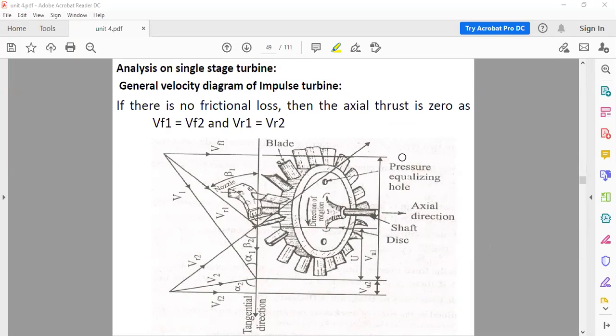Any doubt, any queries, please ask me. Prasad: No, sir, no doubts. So today we have stopped here. In the next lecture, we will complete the theory part of this fourth unit, only derivation remaining. After that, we will continue with problems on steam turbine. Okay.